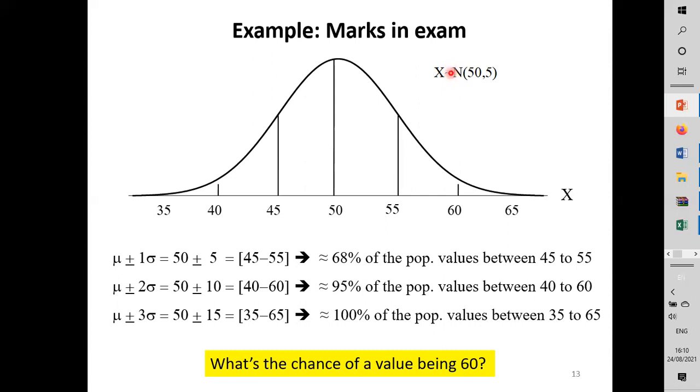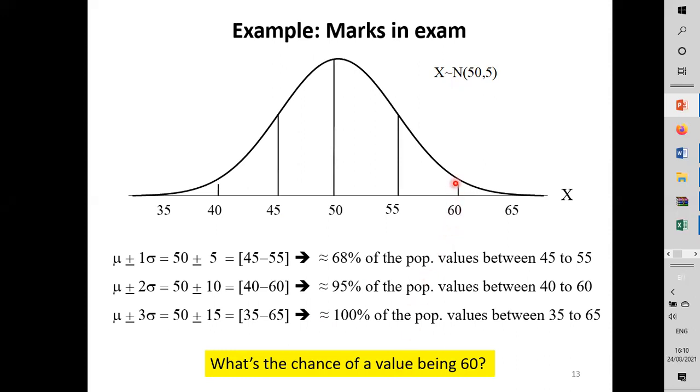The bell here is called the normal distribution. Next, plus or minus 2 standard deviations, roughly 95%. Plus or minus 3 standard deviations, almost 100%. Now, what are the chances of a value being 60? Is it possible a student gets 60 marks?